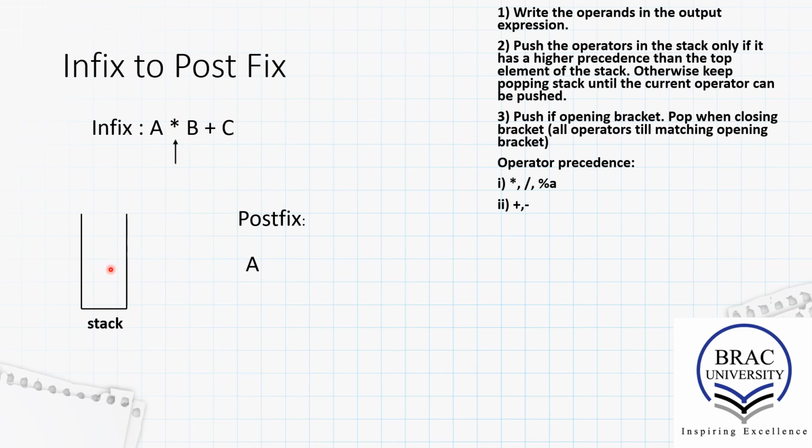Before pushing it, I have to check whether multiplication has a higher precedence than the rest of the operators in my stack. Since there is no other operator in my stack, I don't have any operator to compare multiplication with. So I will just straight away push the multiplication operator inside the stack.